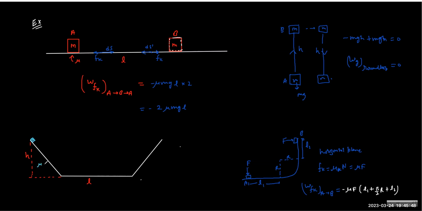So the inclined parts are smooth, but the base is rough. Ignore the dimension of the block. The mass is M. You have to find the position at which the block will stop from the left end. Okay, so what is the question? Well, let me give you some numbers.